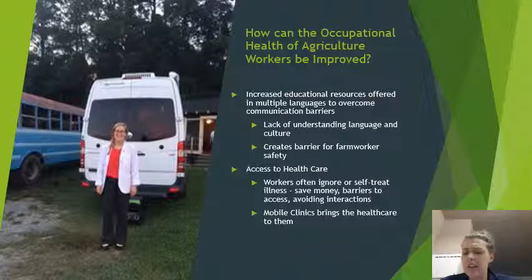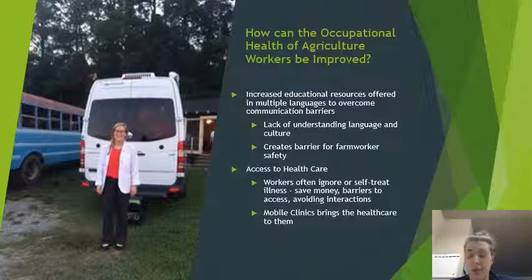This could be because they're trying to save money. There are also physical barriers to the clinic. Maybe they live too far away because the farm is in a rural setting and they live on the farm. They don't have access to transportation, things like that. They could also potentially be avoiding interactions with healthcare providers for fear of being discriminated against.